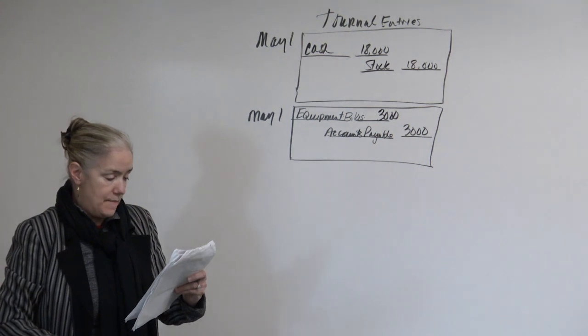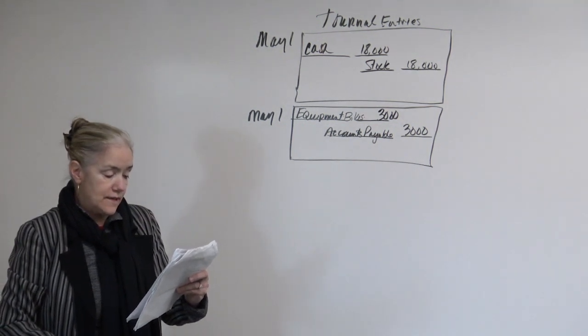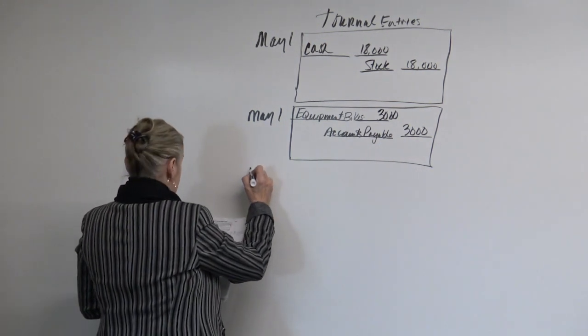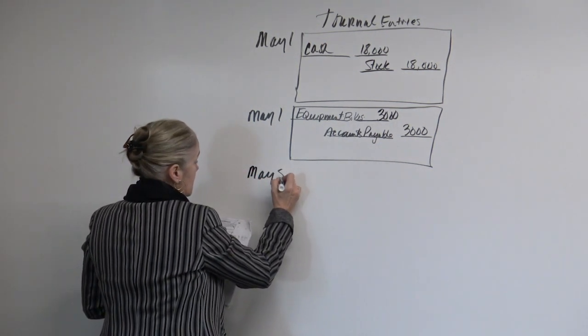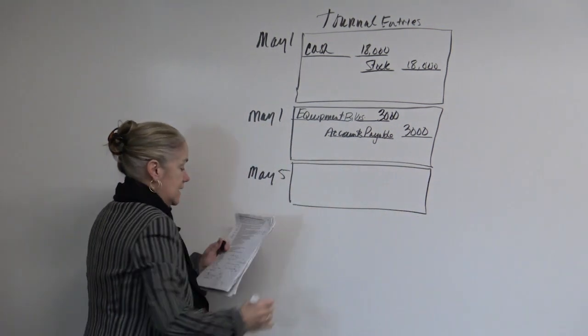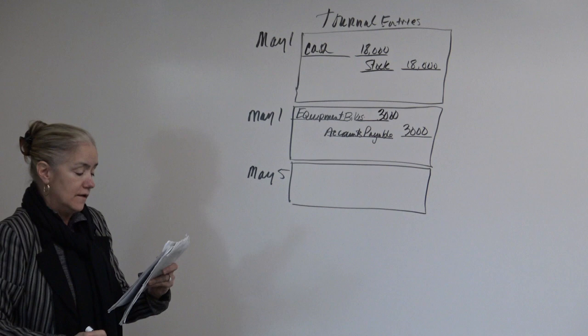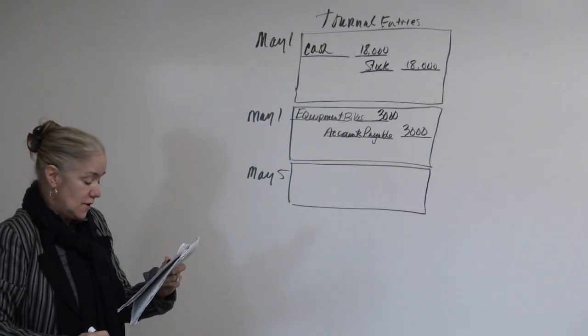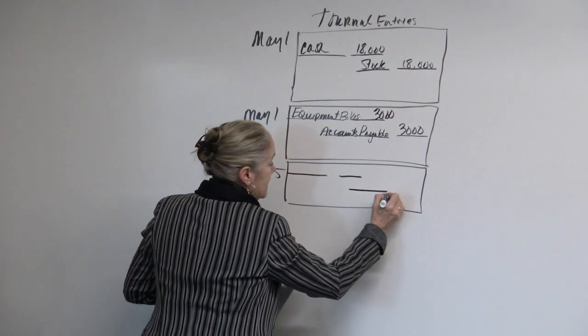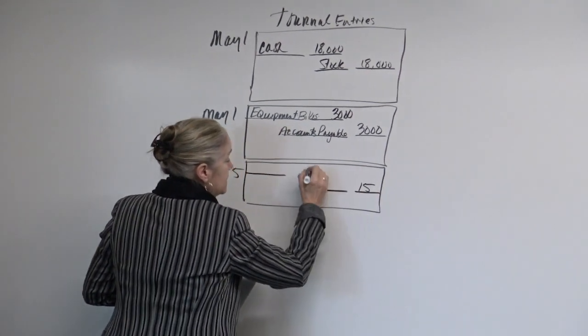Okay, and on May 5th, we registered as a vendor with the city and paid the $15 monthly fee. So on May 5, we pay the city a registration fee of $15. So we have a debit and a number and a credit and a number, and that number is 15.